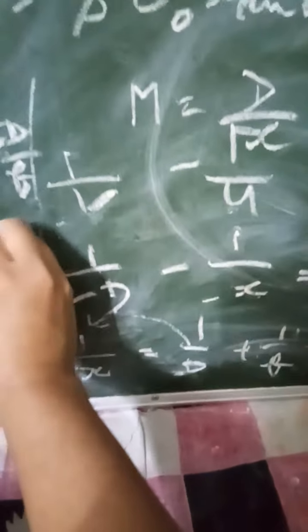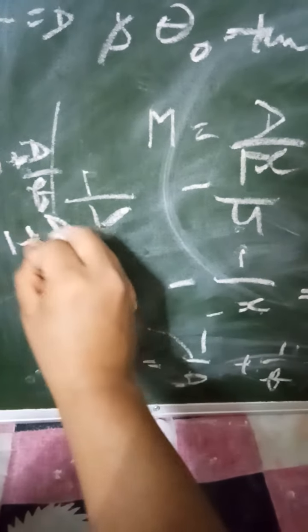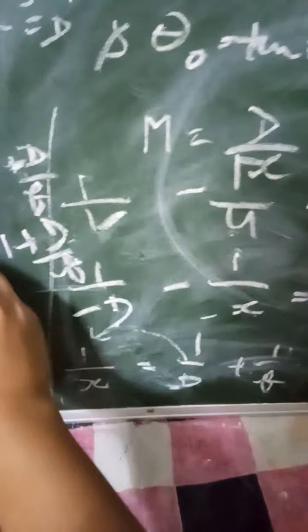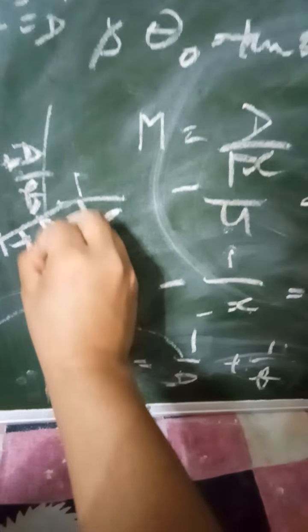So M is equal to 1 plus D by F. This is the angular magnification for the first case.